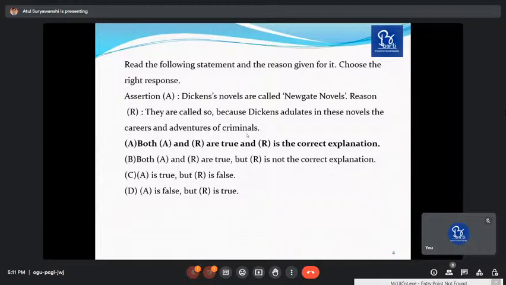So see the options now. The first, A: both A and R are true, and R is the correct explanation. The very first option is correct here, because, as I told you, Newgate novels are associated with crime. So the explanation given in R is appropriate.